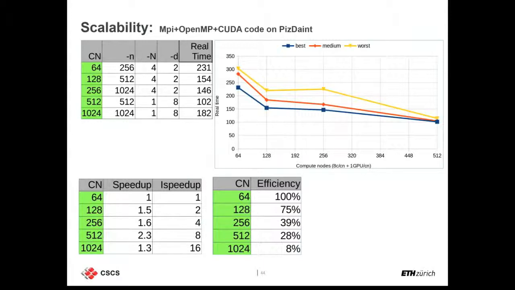In that case, I took as an example a code that uses MPI, OpenMP, and CUDA on Piz Daint. And if you compare the timings of that code between 64 compute nodes and 1000 compute nodes, using 1 GPU per node, you can see a good scaling up to 200 compute nodes, I would say. So is it a result that we can confirm with the performance tool?